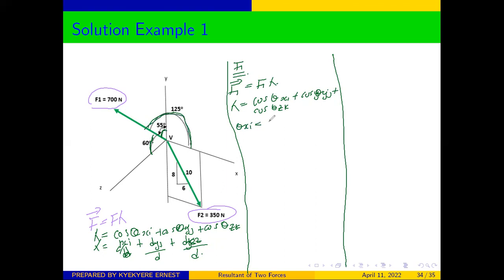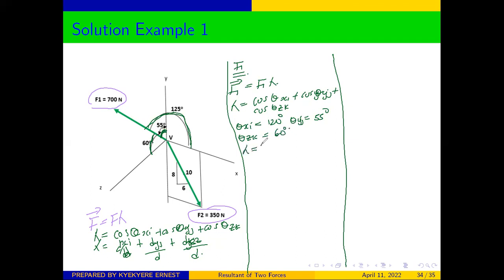So from here we can say that theta x, the angle the force makes with the x-axis, is equal to 120 degrees. Theta y, the angle the force makes with the y-axis, is equal to 55 degrees. And theta z, the angle the force makes with the z-axis, is equal to 60 degrees.